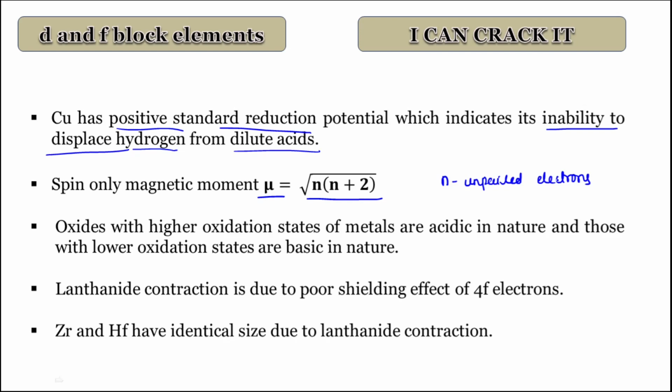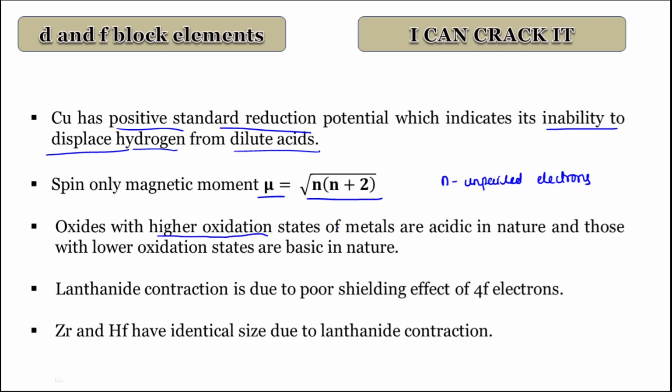Okay, and if it has no unpaired electrons, then it is also colorless. Only if there are unpaired electrons is d-d transition possible, and then you will get color. If it has no unpaired electron, then obviously it is colorless. The ions or compounds of d block elements are colorless in those oxidation states where there are no unpaired electrons.